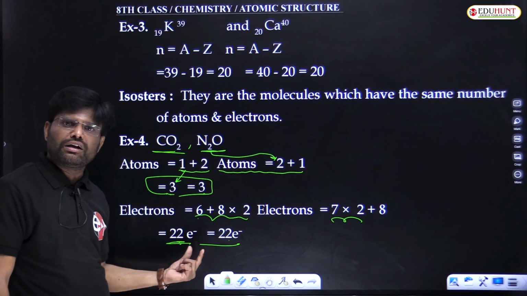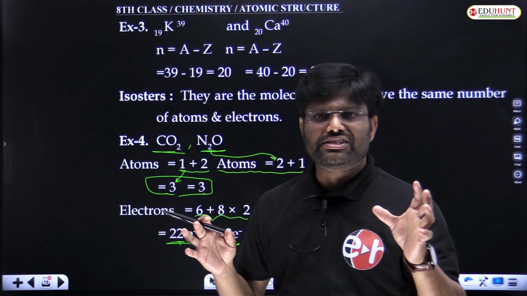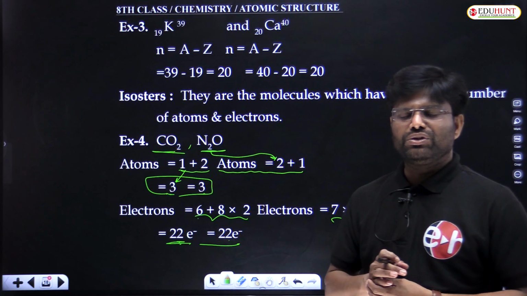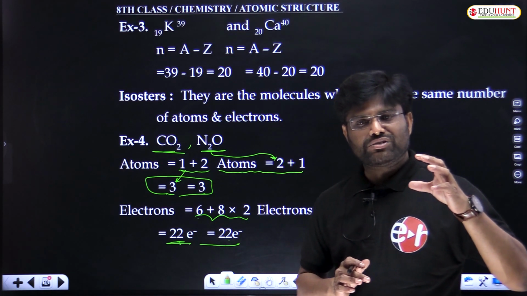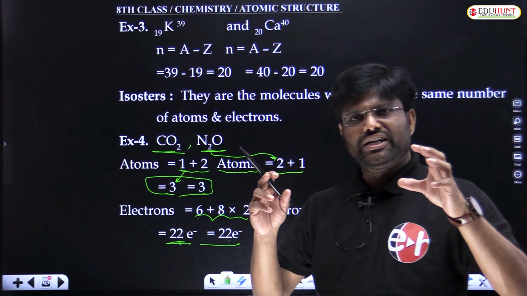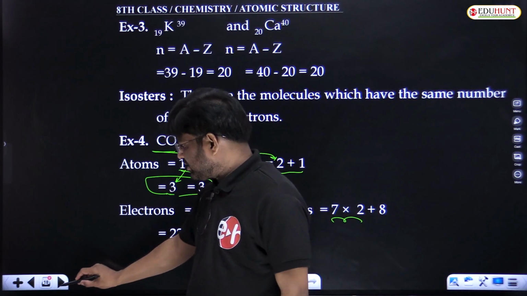In carbon dioxide also the same. So the number of atoms is the same and the number of electrons is the same. Molecules in which the number of atoms and number of electrons are the same are called, what, children? Isosters.